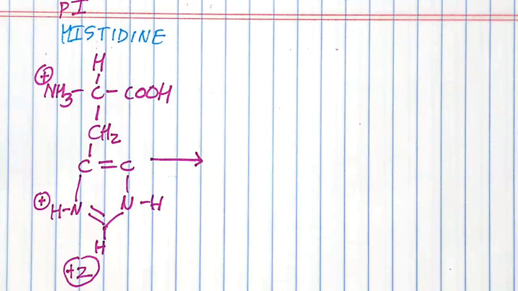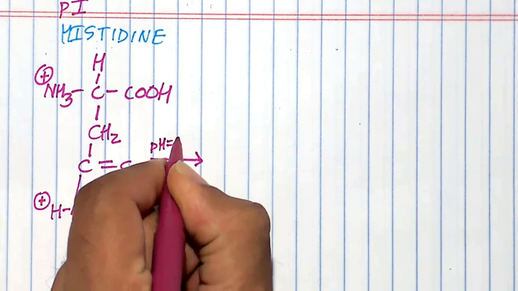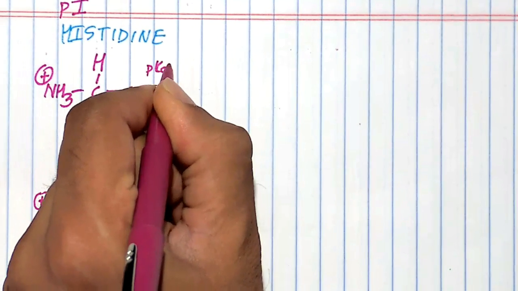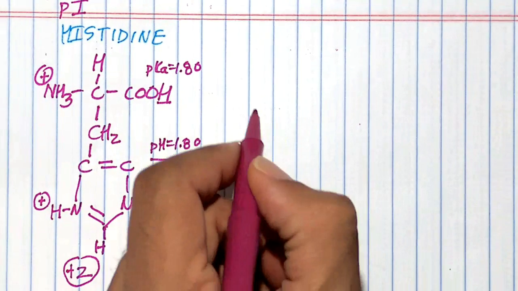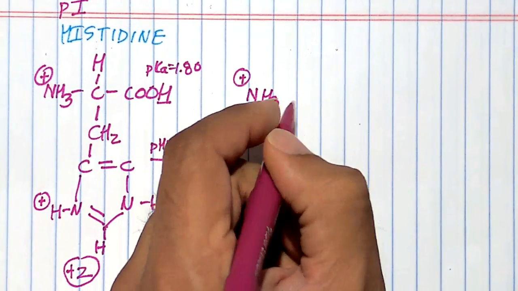So the first pKa that comes out is going to be at a pKa of what? Looking at my notes, when you have a pH of 1.80, that matches the pKa of this proton. So at 1.80, this proton begins to come off, and you'll get this structure here.